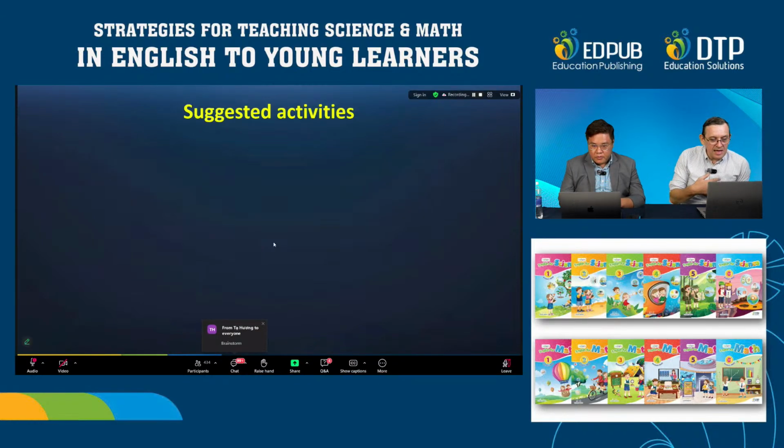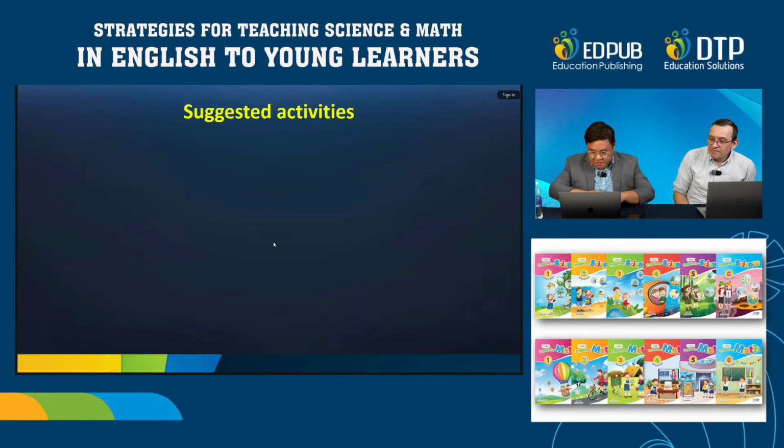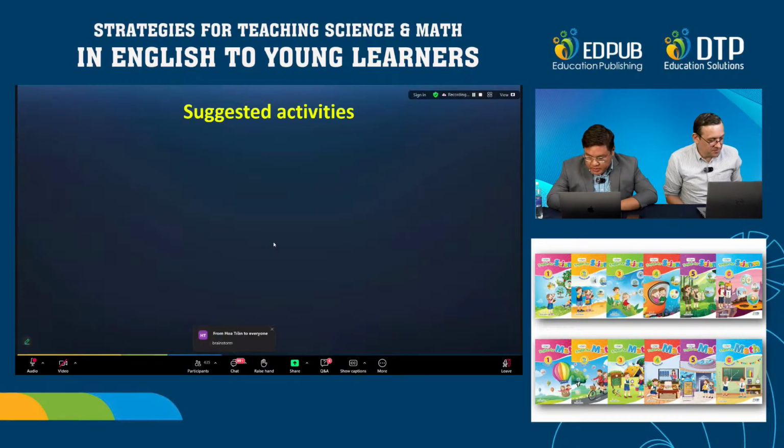Can you think of any activities from very simple to more complex that you would do to teach this vocabulary? Okay, you can type in the chat. Okay, everybody, you have 1 minute to type in your activities to teach the solar system.